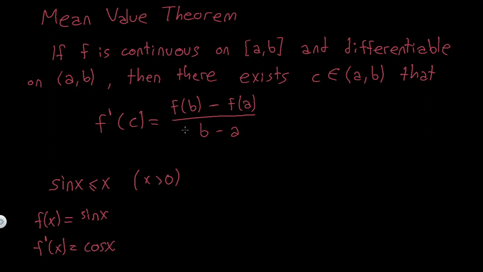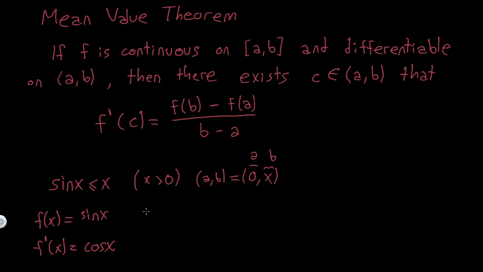Here I'm saying x is greater than 0, so the interval [a, b] is [0, x]. I'm taking any positive x, from 0 to x, so my a is 0 and b is equal to x. So I'm just applying this part.